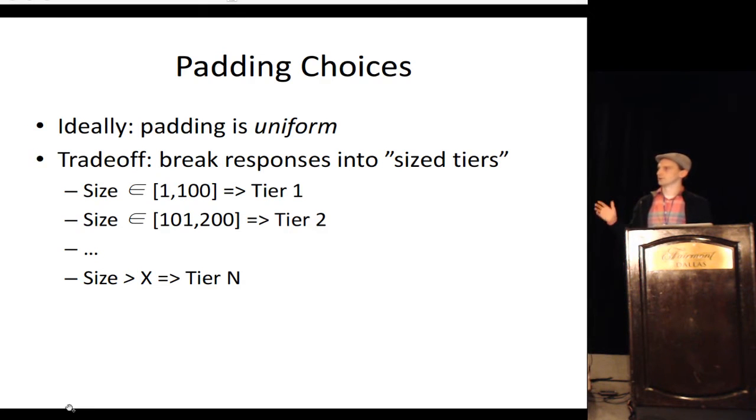So say, for example, your first tier might be packets that are in the byte range of 1 to 100 bytes. This is completely arbitrary, not to say you have a single byte packet. The second tier would be the next 100 byte range and so on and so forth until you get to some imaginary upper bound X, and anything beyond that would be unpadded and just left as is.